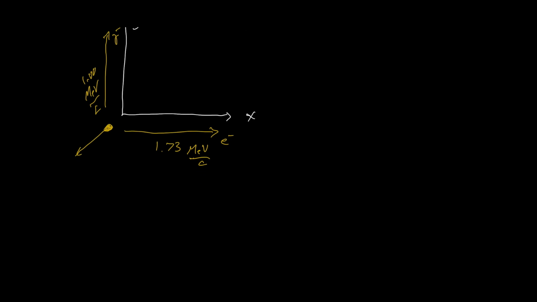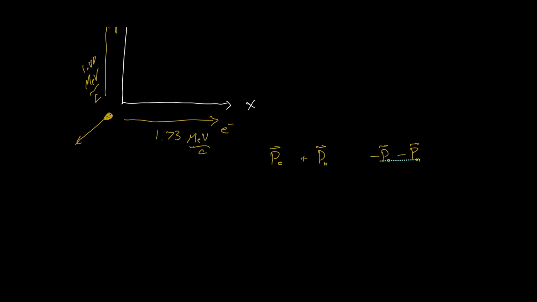So all we're doing is adding the momentum vectors of the electron and the neutrino, but changing direction. So it is minus P_e minus P_n, and that's all. We're just going to say minus 1.73 x hat minus 1.00 y hat. Okay, so that's all we have to do there.